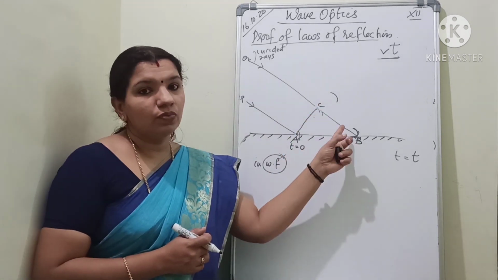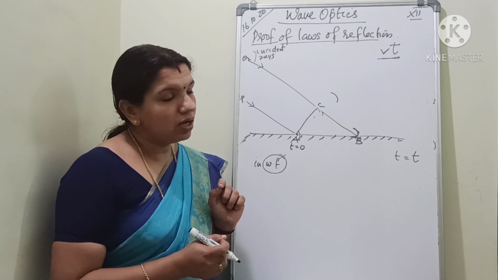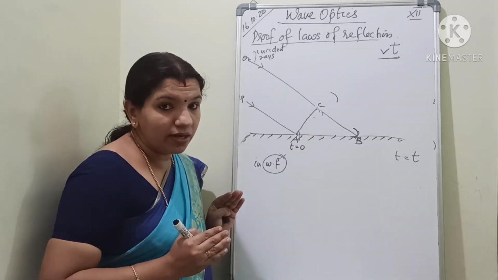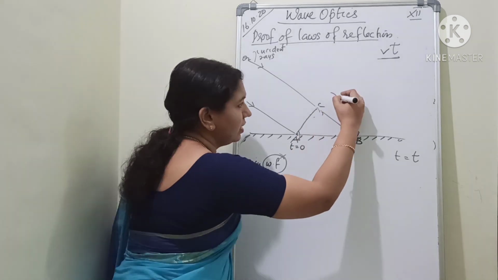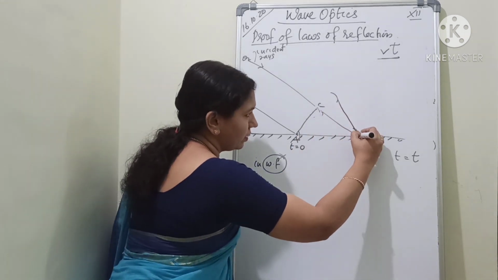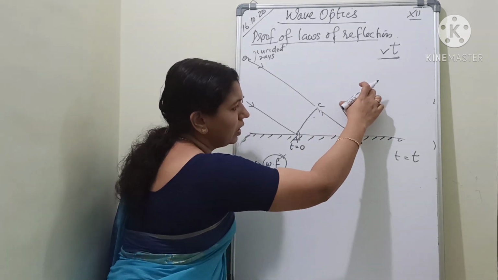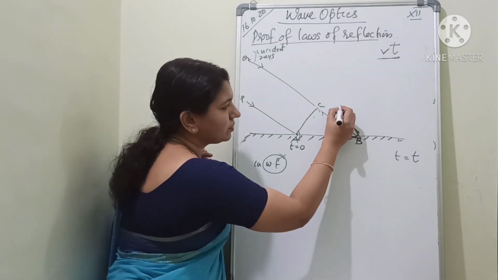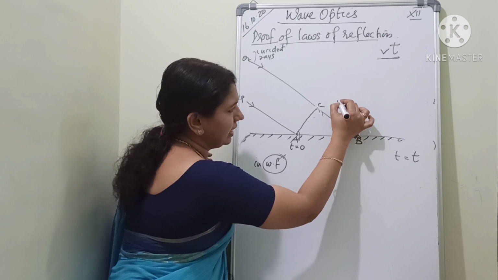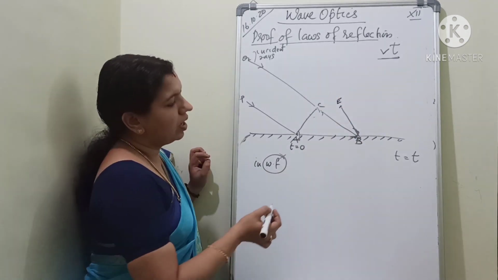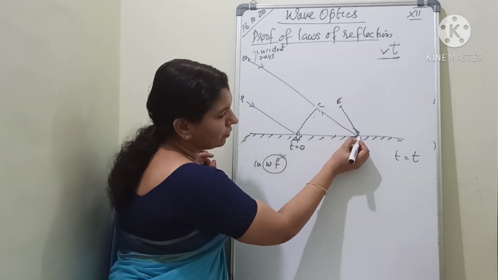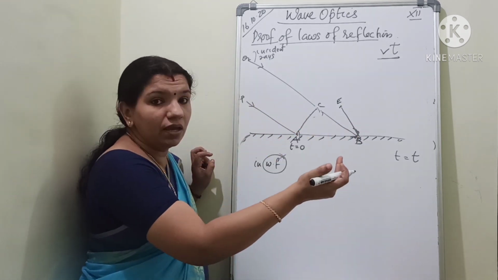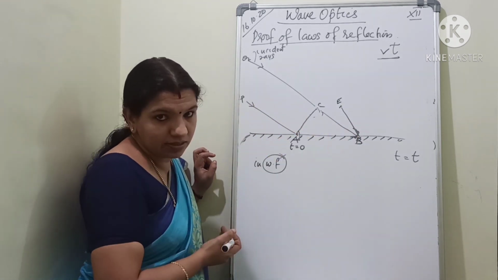We draw a common tangent for the arcs. So what about our new wavefront? This is the new wavefront. Clear? This is the new wavefront. Understand? Now I name it as E. Okay. Now you know, for a wavefront, the ray will be perpendicular to it, isn't it?